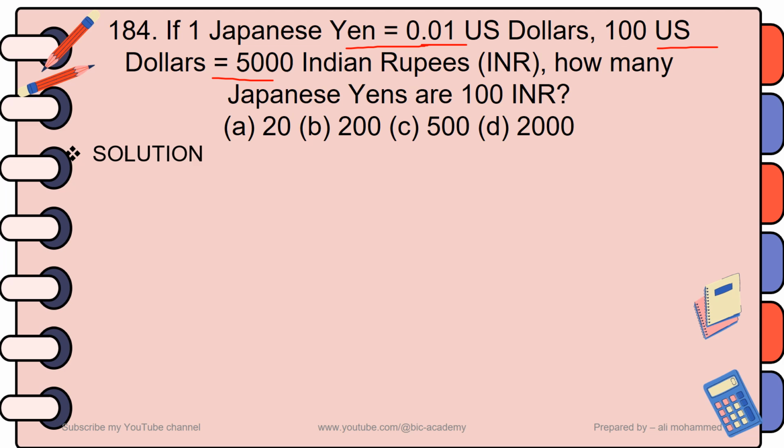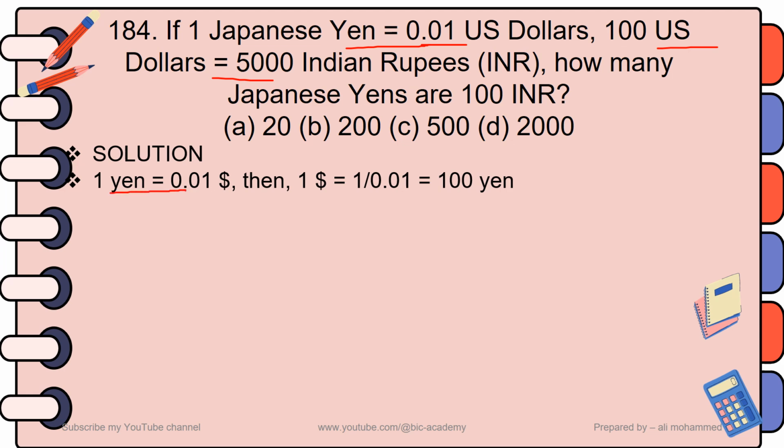Okay, for that matter, first you are given the exchange rate between Japanese yen and US dollar, and it is 1 yen is equal to $0.01. Then from this you are going to find out the amount of yen which is equal to $1.